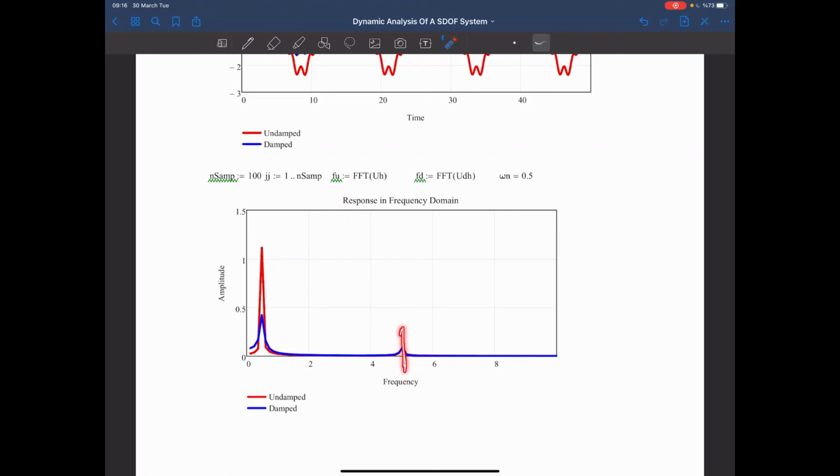So actually this is the effect of the applied loading, a harmonic load having a frequency of 5, and this is the effect of the natural frequency of the system. So the effect of loading doesn't make any difference in the peaks or in the width, but again here we have a very sharp peak, a larger amplitude for the undamped vibration, and a wider peak, smaller amplitude for the damped vibration.